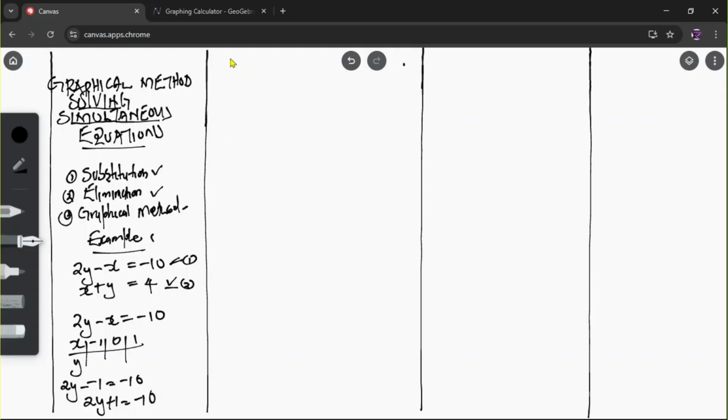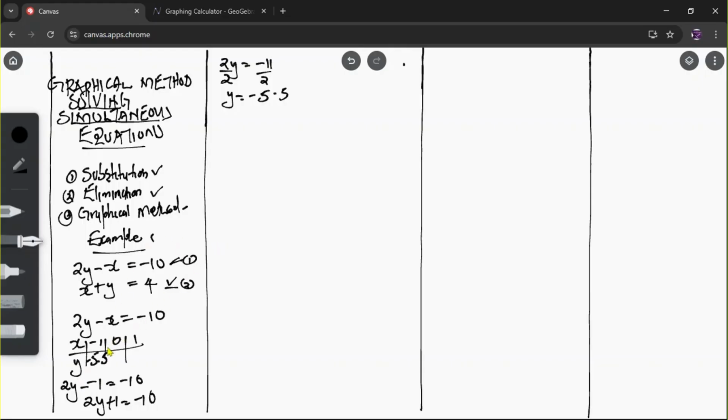So 2y equals, when I take this 1 to the other side, it will become minus 1. So minus 1 minus 10 is minus 11. Then I divide both sides by 2, and my answer will be y equals minus 5.5. That is the first value there.